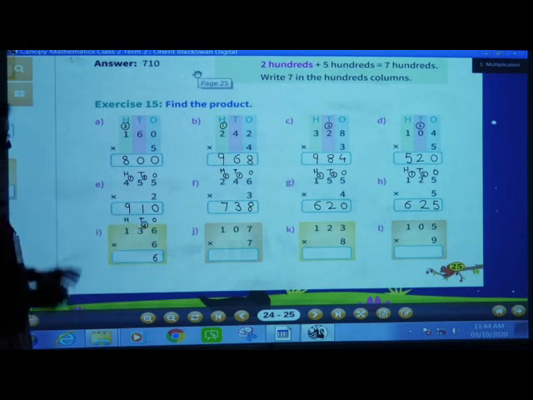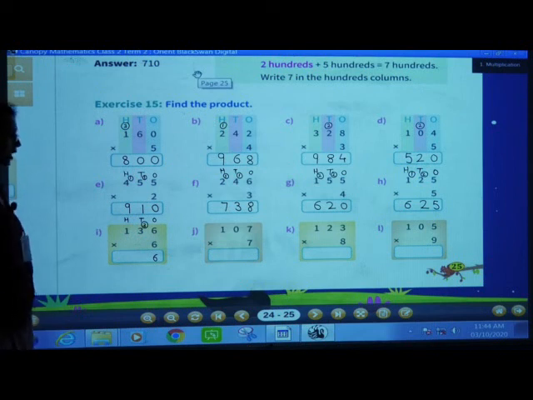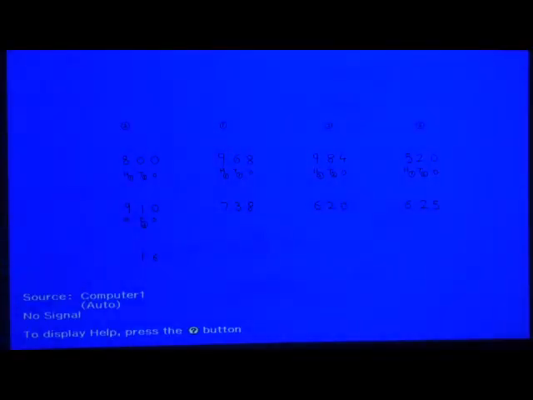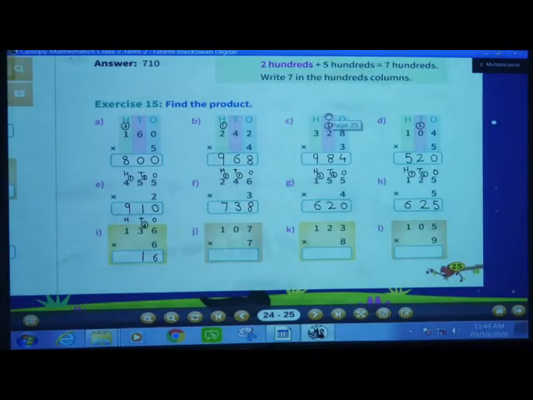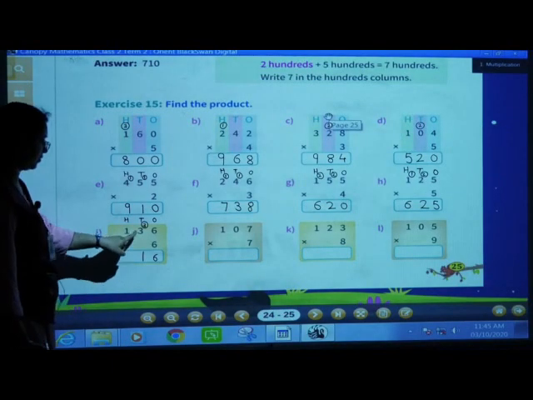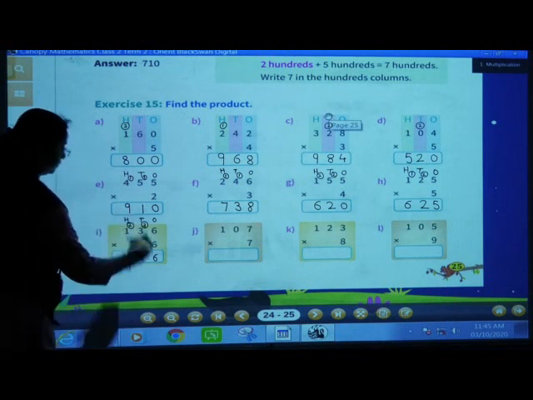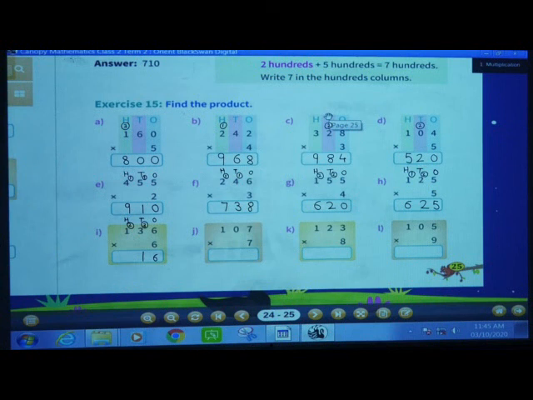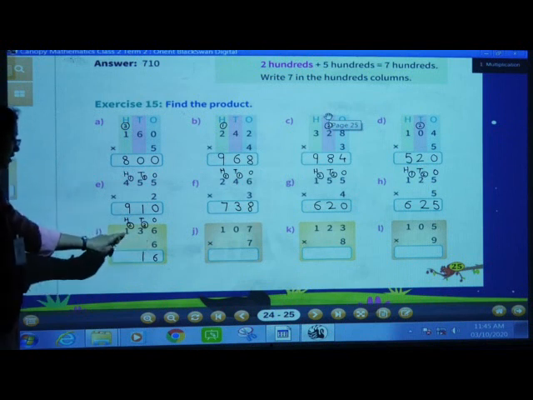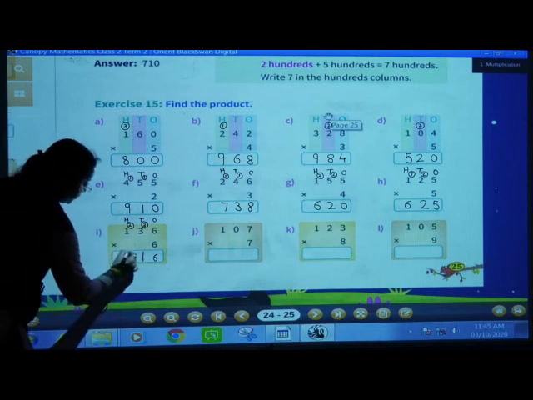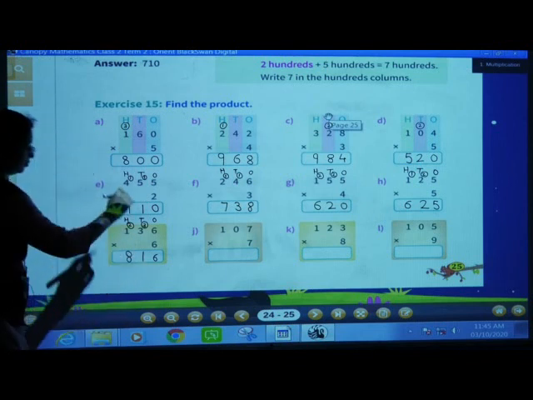After 18 count 3 fingers. 19, 20, 21. Means 1 we have to write in tens column. And 2 will be the carry. Next, 6 ones are 6 plus 2. 6 plus 2, 8.